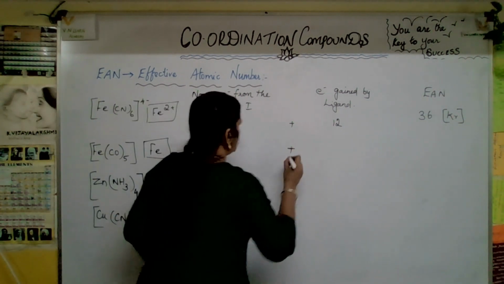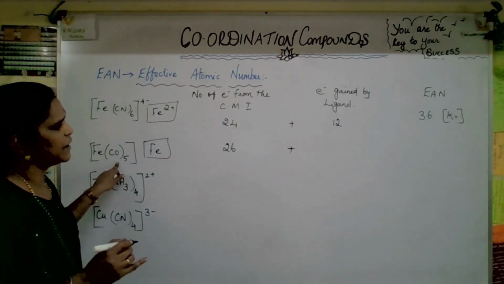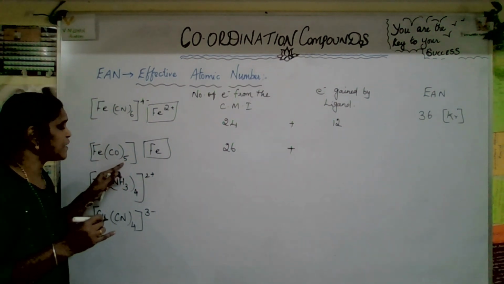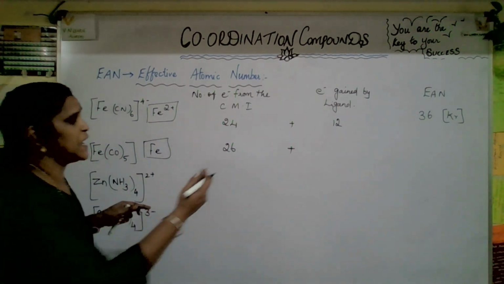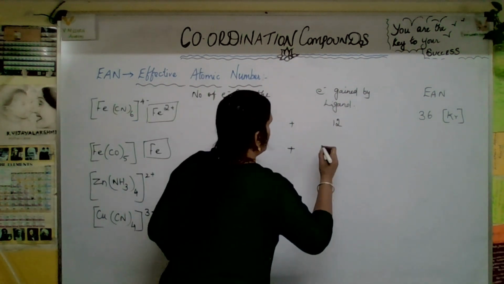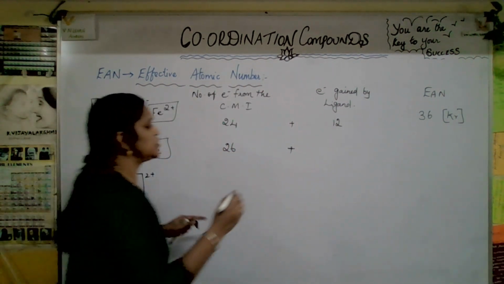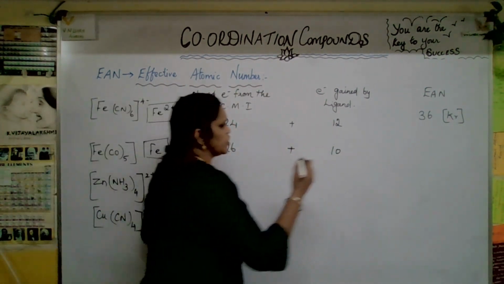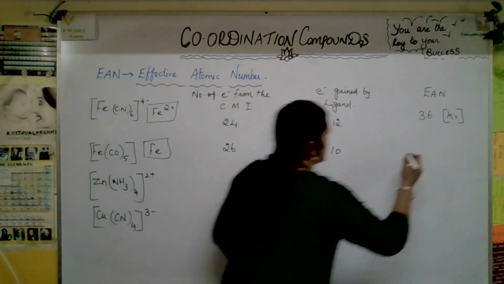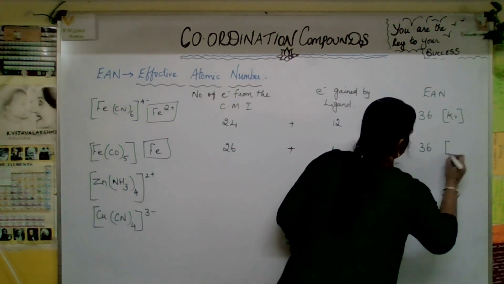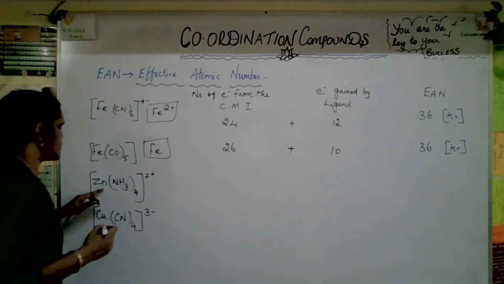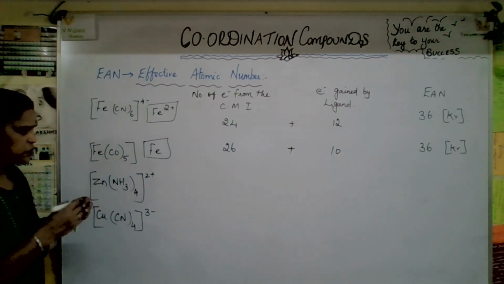Now, how many ligands are there? 5, that is coordination number 5. How many electrons will be gained from the ligands? That is 5 into 2, 10 electrons, as each is a pair of electrons. So altogether it is 26 plus 10, 36 electrons. So, krypton electronic configuration.